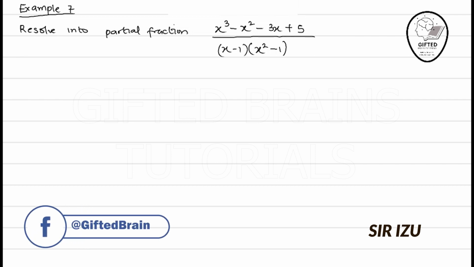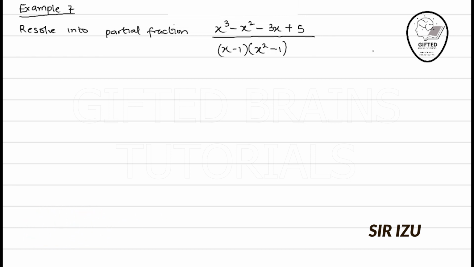Obviously, we need to divide here because if I expand the denominator, I will have x cubed minus x squared minus x plus 1. And then the degree of the numerator is also raised to power 3. So we definitely divide. To solve this, we divide after subjecting to rule number 1.